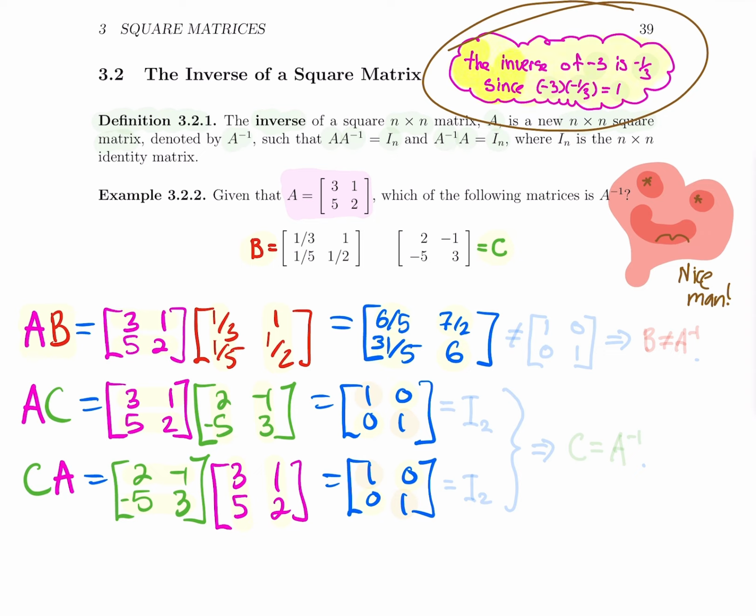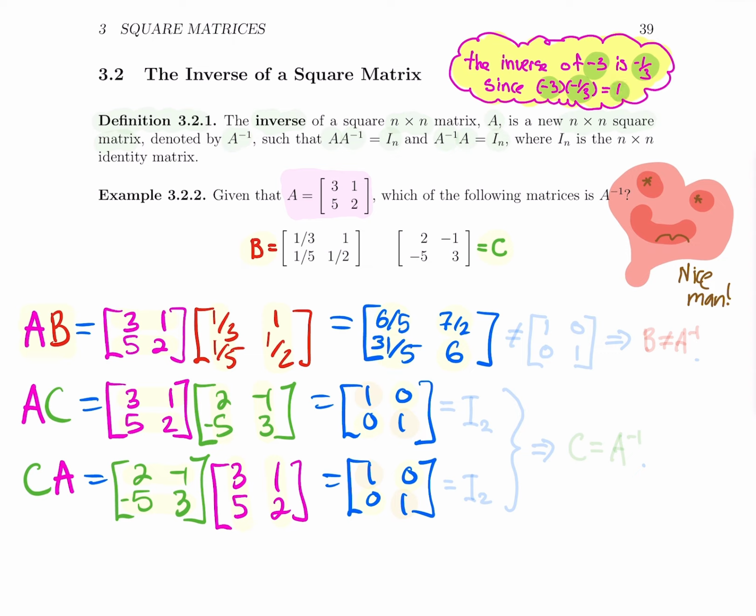If I'm asking you, for example, what is the multiplicative inverse of minus 3? Well, you're going to say that the multiplicative inverse of minus 3 is minus 1/3, because when you multiply these two numbers, minus 3 times minus 1/3, you get 1.